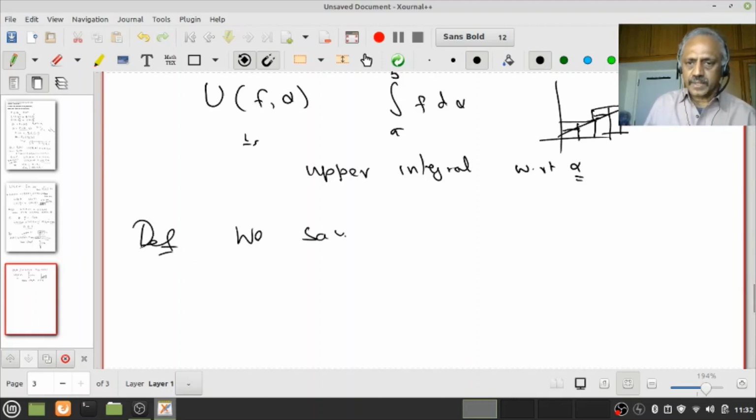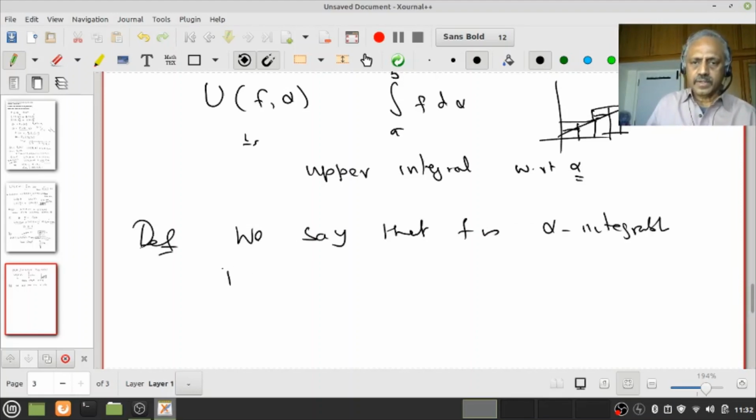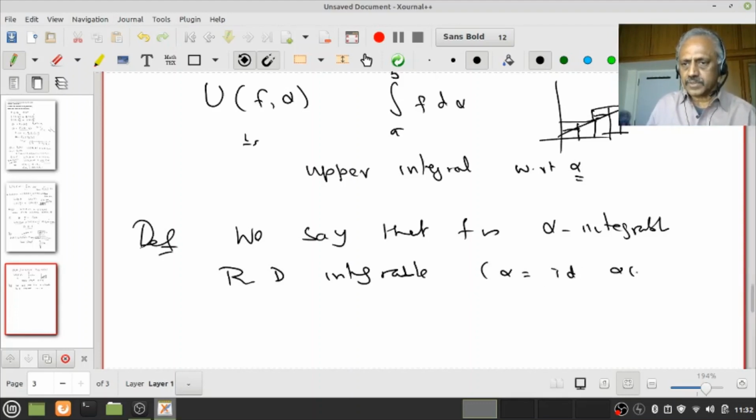We say that f is alpha integrable, or Riemann Darboux integrable if alpha is the identity function, alpha(x) equal to x. Sometimes alpha integral is also called Riemann Stieltjes integral.